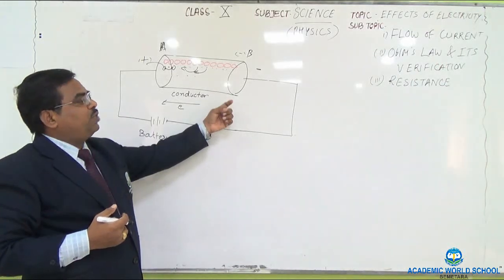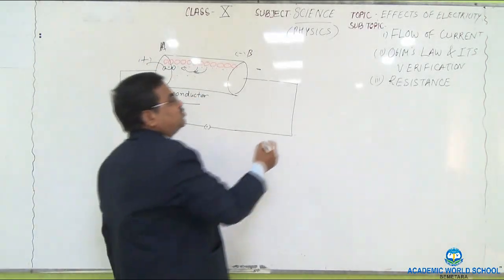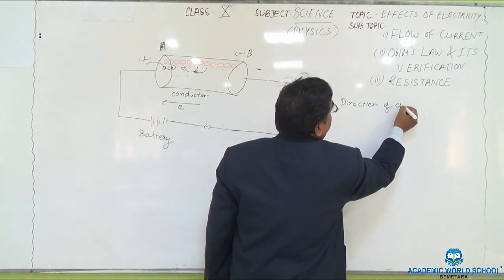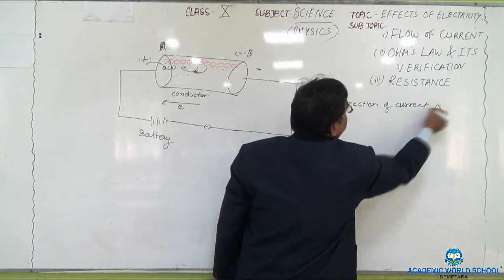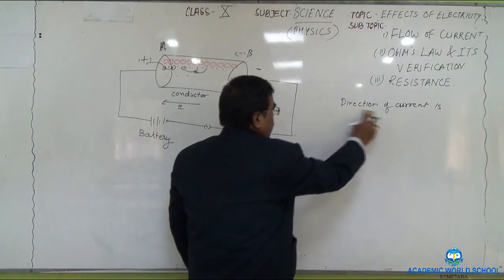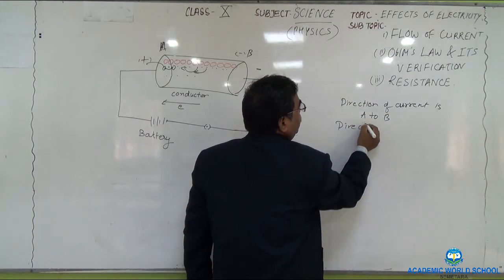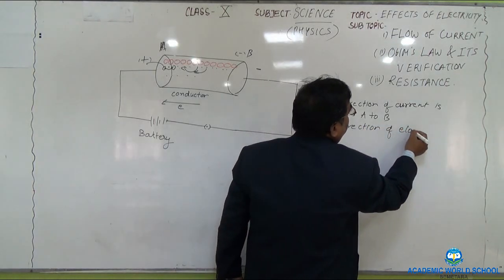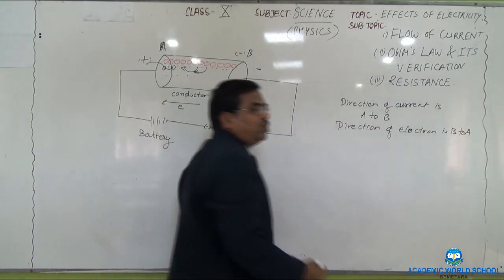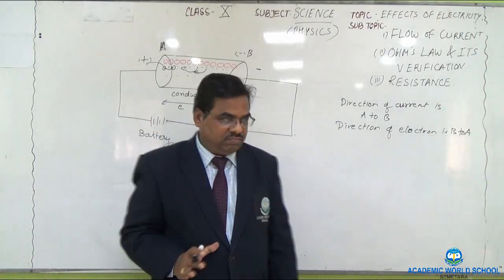When electron moves from B to A, we can say a positive charge is going from A to B. This is why the direction of current is taken as A to B, whereas the direction of electron is B to A. So you can say electrons and conventional current are in opposite directions.